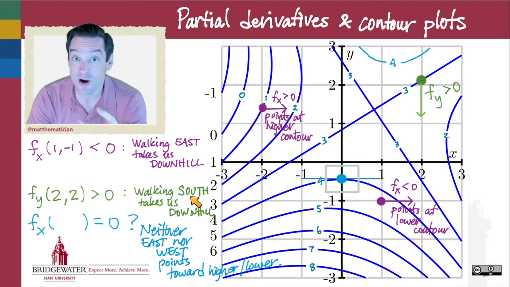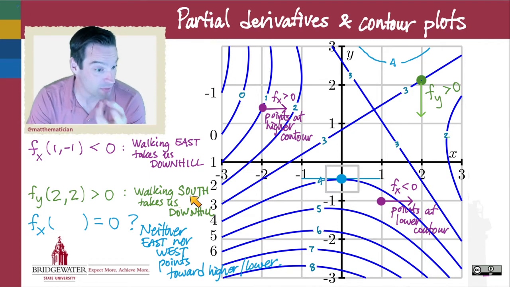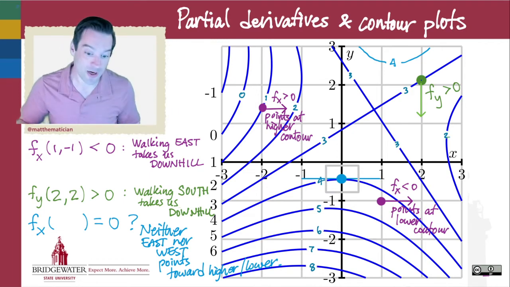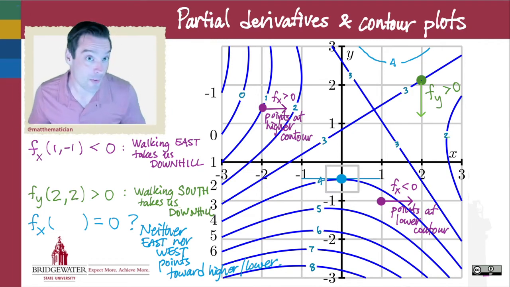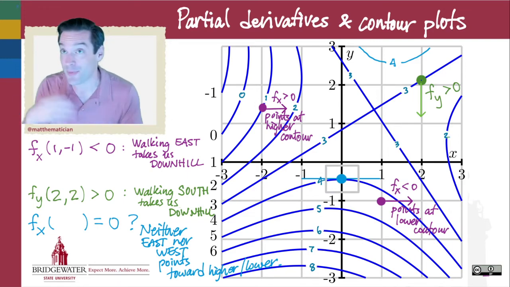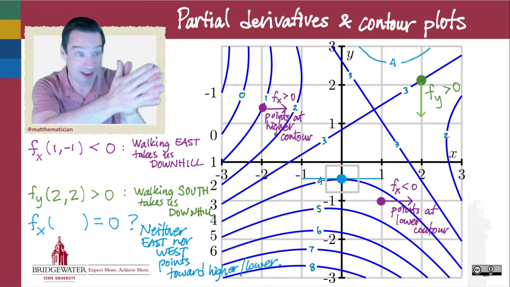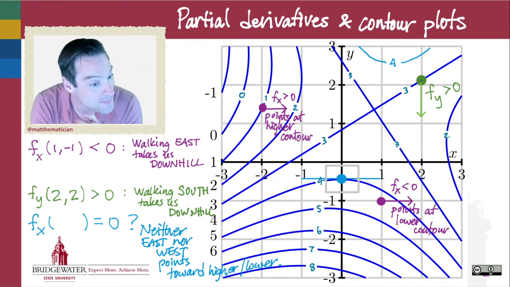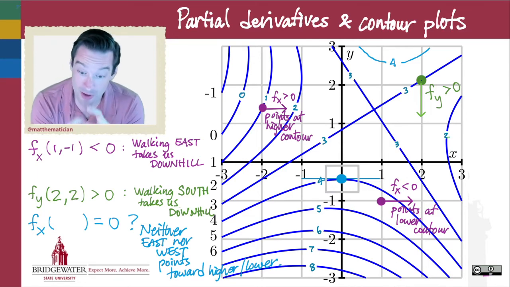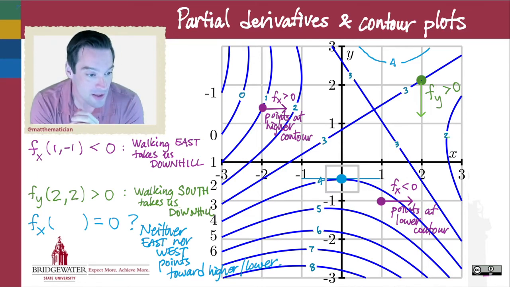But once vectors are a part of our life in this process, we'll be able to say, well, what's going to happen if I walk northeast? What's going to happen if I walk south-southwest? What's going to happen if I embark upon a bearing 271.5 away from where I am right now, right? So once we have vectors in this vector calculus mix, we'll be able to be even more rich in describing how a function changes.